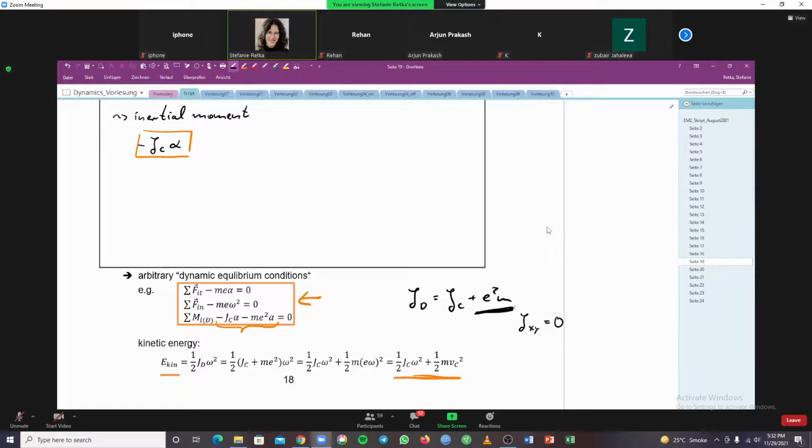But as long as we start out with our main axis, this part right here, the inertial mass moments of inertia, centrifugal moment, they are 0. Okay. Then there might be a J_XY star, but that's usually not relevant in our cases.